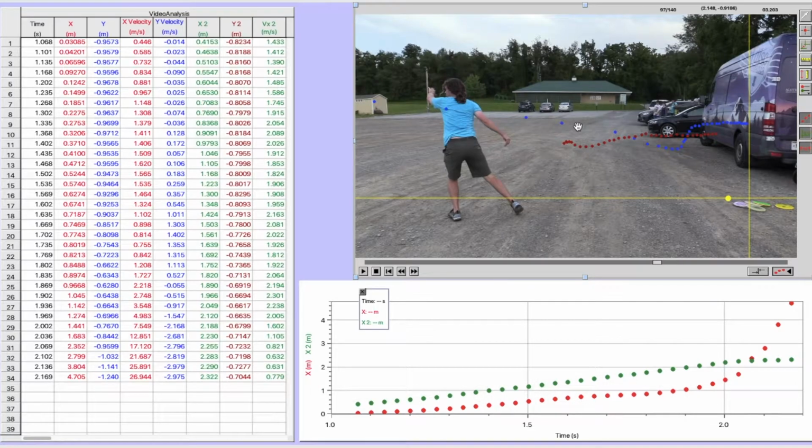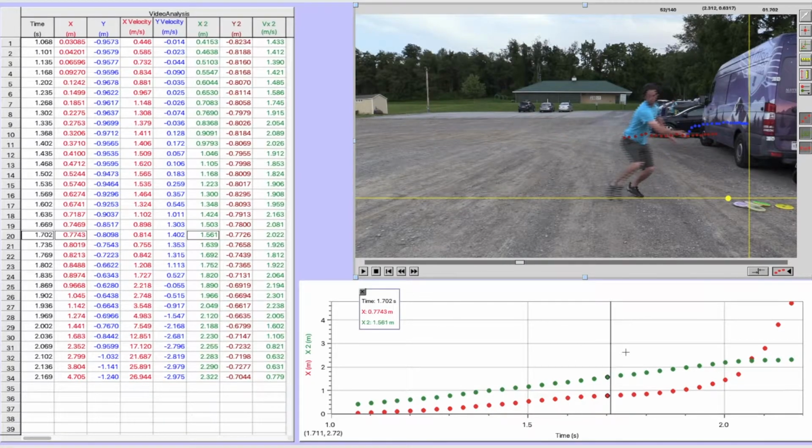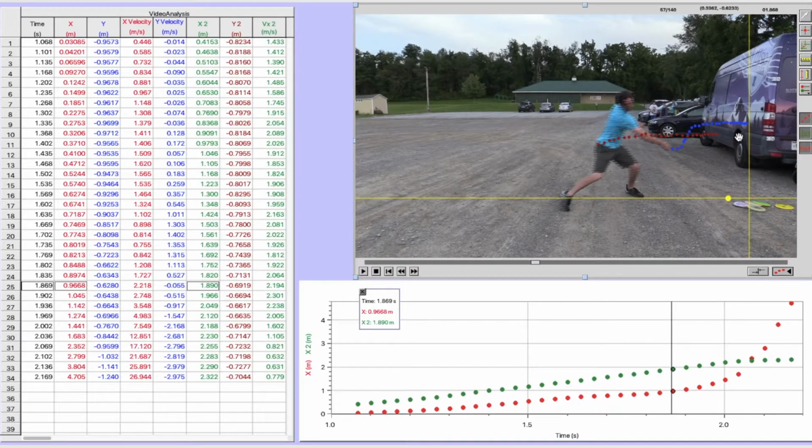Adding a run-up inherently increases the distance that this force of pulling will be applied, but I would also like to take note of the distance between the thrower's front hip and the disc again. This distance is larger than that of what we saw in the standing shot, about 0.92 meters compared to 0.79 meters. And it is also this increase in distance between the disc and the front hip that allows this shot to increase its velocity.